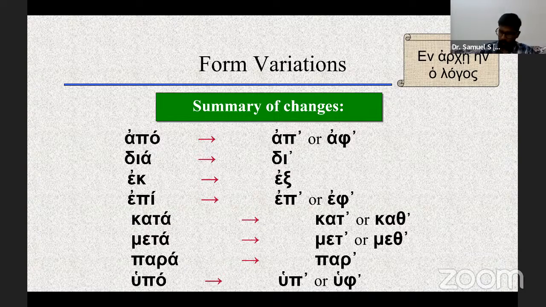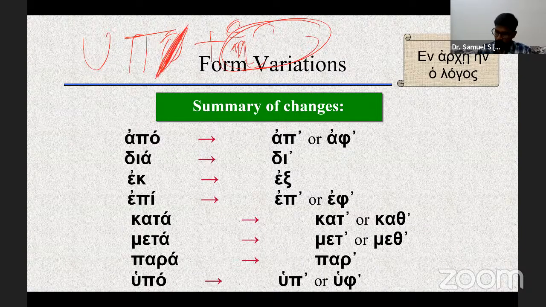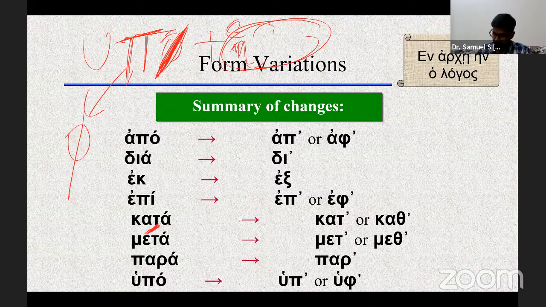Same thing is happening with hupo as well in the elision. If it's followed by a rough breathing mark, a word with a vowel and a rough breathing mark, omicron drops out, pi becomes a phi. As simple as that. Same thing with kata.